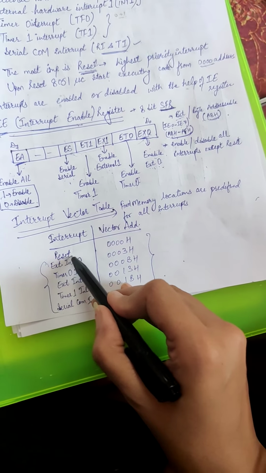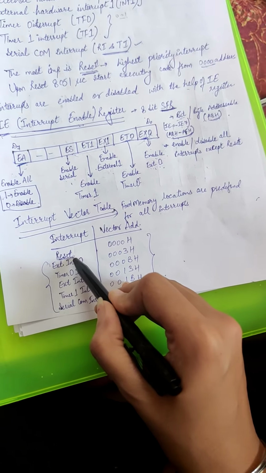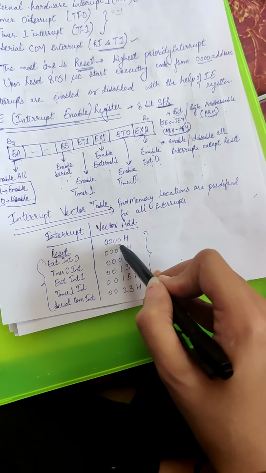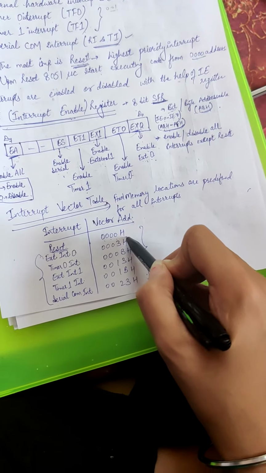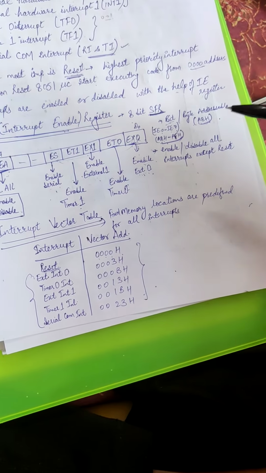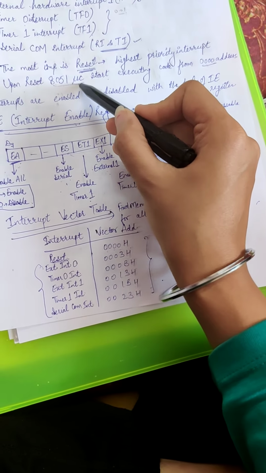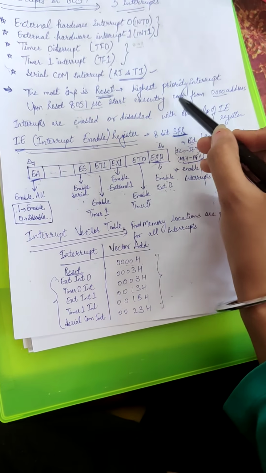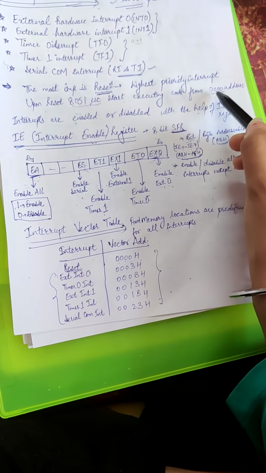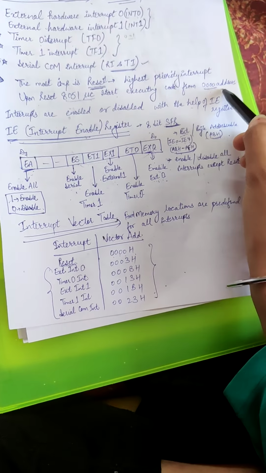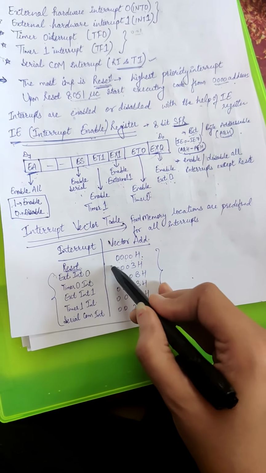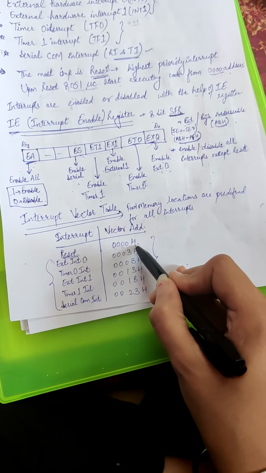So starting with reset, which is the highest priority interrupt, its vector address is 0000. As I have told you earlier, upon reset, the 8051 microcontroller starts executing from 0000 address. So its vector address is 0000.